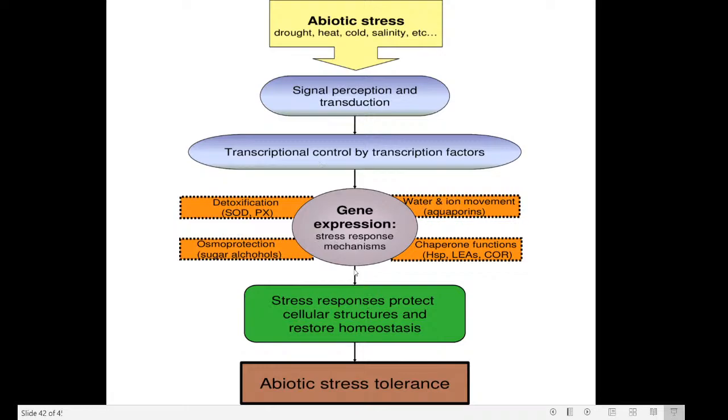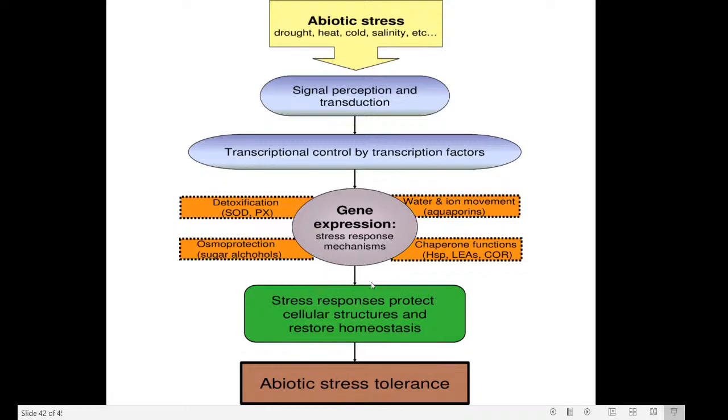This gene expression function helps to make a change in the stress response, protect cellular structure, and restore the homeostasis process. This helps tolerance. Tolerance means balancing.